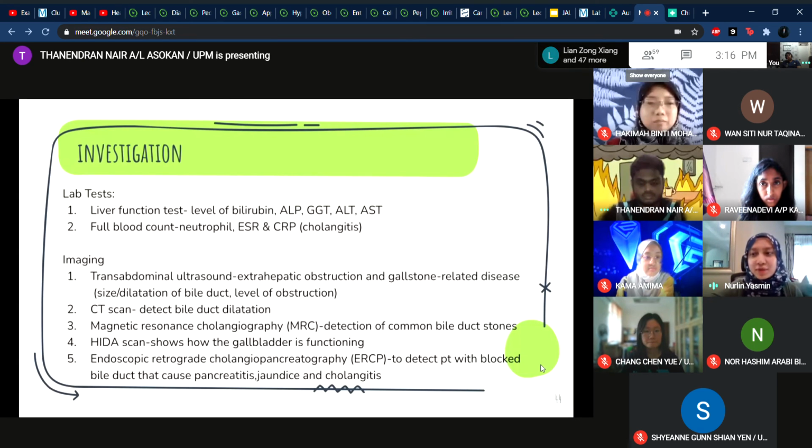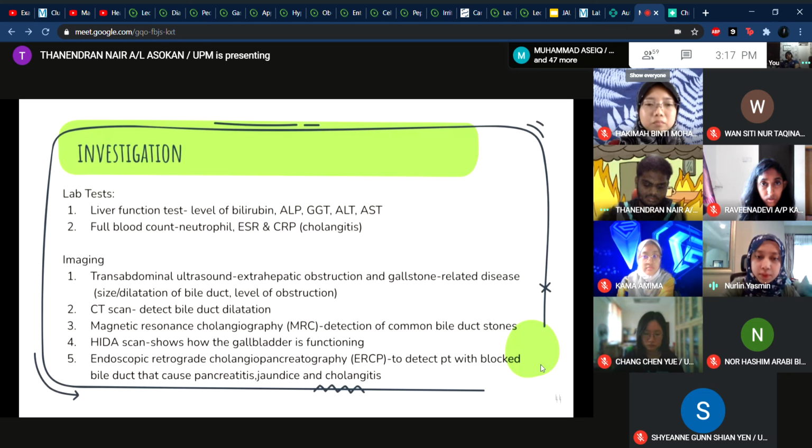Okay, next I will continue presenting on the investigation for post-hepatic jaundice. For the lab tests, firstly we can do the liver function test. We can see the level of bilirubin because the patient has jaundice. Next, we can see the liver enzymes such as ALP, GGT, ALT, and AST.